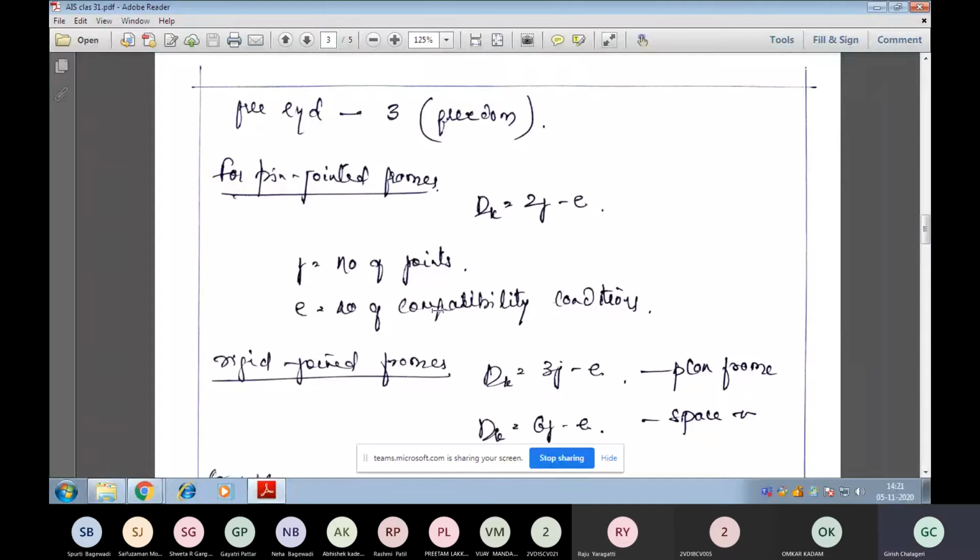That is pin jointed frames. Dk stands for degree of kinematic indeterminacy. The equation is 2j minus E, where j stands for the number of joints and E stands for the number of unknown forces.